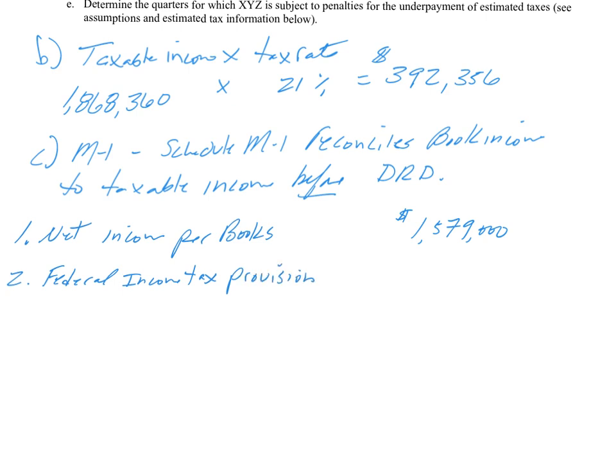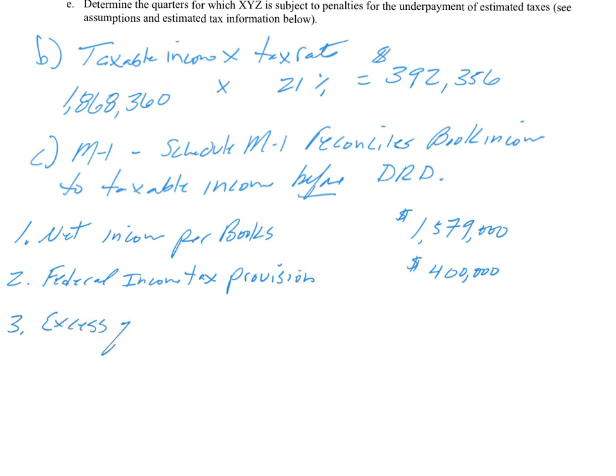Federal income tax provision is $400,000. So that's item 2.